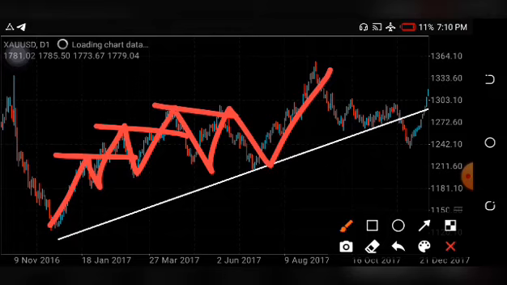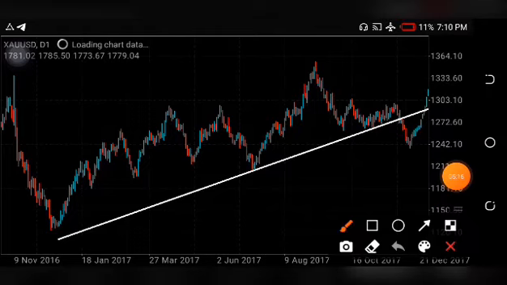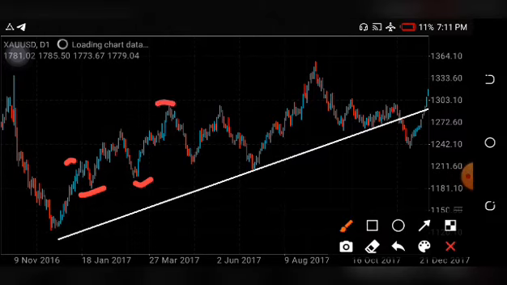So whenever you are seeing lower lows and higher highs, what we mean by lower lows and higher highs is this low of the retracement is the lower low, and this is the higher high, lower low, higher high, lower low, higher high.